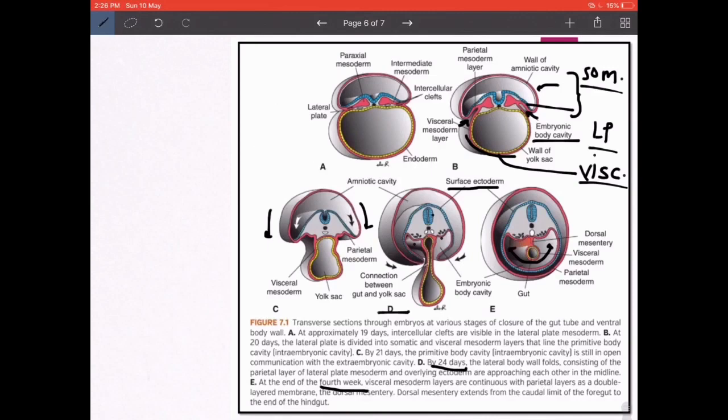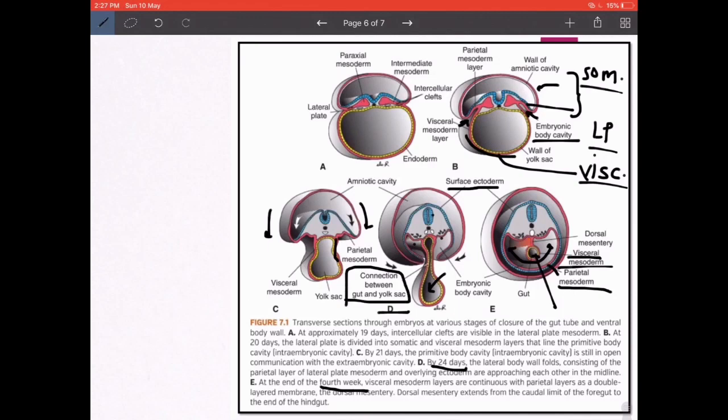The part that was in contact with the yolk sac, as you can see, is now only going to remain in contact with the primitive gut tube, that is known as the visceral mesoderm, and the part in contact with the surface ectoderm is going to be called the parietal mesoderm, correct? So this bubble was pinched off, and there is only a connection between both of them somewhere in the future umbilical area through a Vitello-intestinal duct.